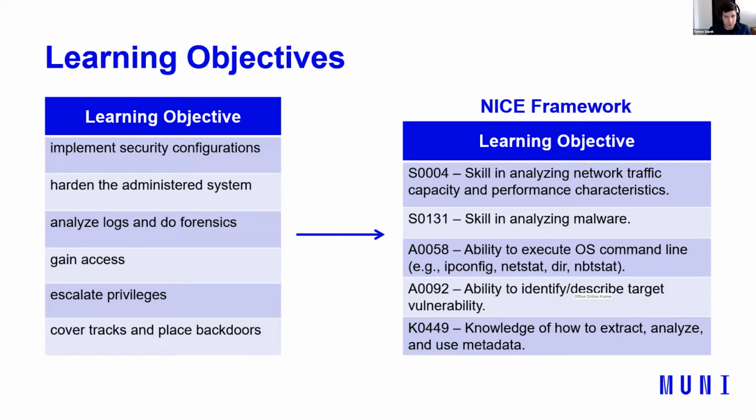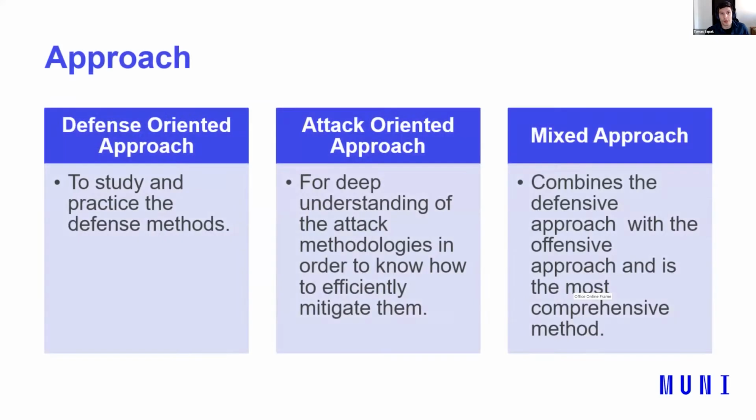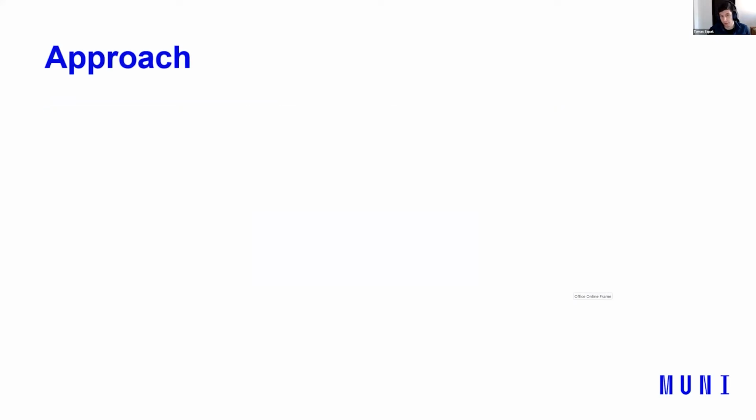For example, skill number 4, skill in analyzing network traffic capacity and performance characteristics, etc. So you can define, as I said, perfect learning objectives. It's not exactly important how many they are, but they should be as specific as possible.